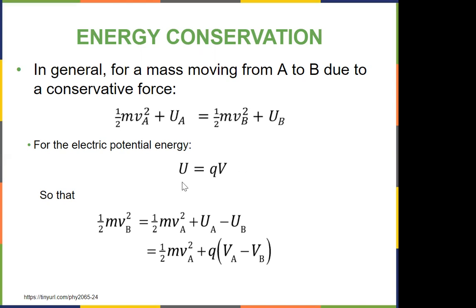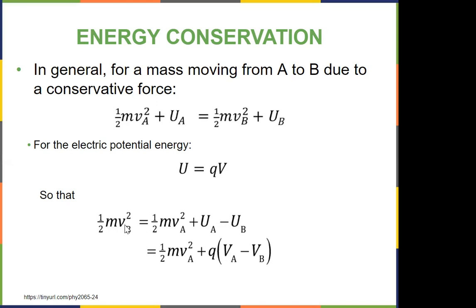If the charged particle is inside an electric field, then electric potential energy is Q times V. So you can replace UA as Q times VA and UB as Q times VB. If you move UB to the other side of the equation, then 1/2 m VA squared plus UA minus UB will be equal to 1/2 m VB squared.